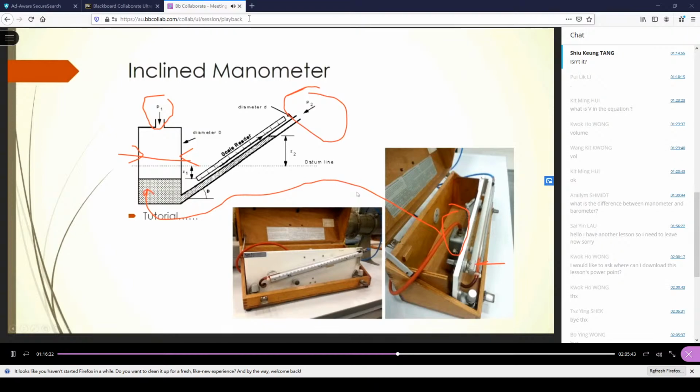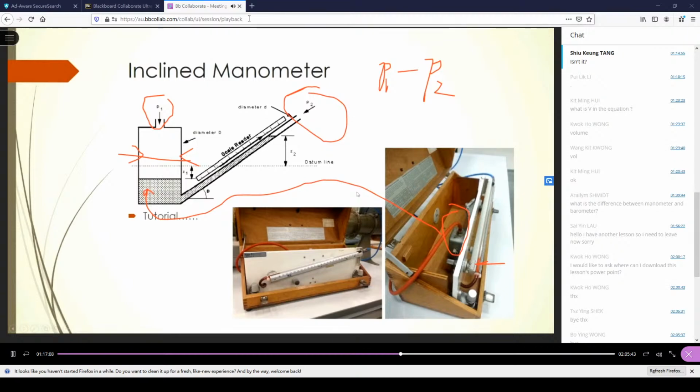The inclined manometer measures P1 minus P2, the same as the manometer helps you measure pressure differential. It can be connected to a pipeline or to a device called pitot-static tubes. Professor Yang will help you later on when introducing measurements.